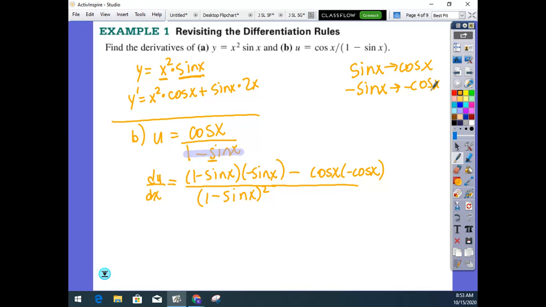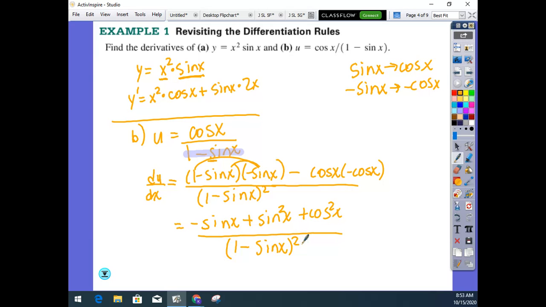Okay, so here's where the quotient rule is kind of a pain. We need to simplify this. So I'm going to distribute my negative sign back. And then when I take this negative cosine times this negative cosine, I get positive cosine squared. This is going to be really important.